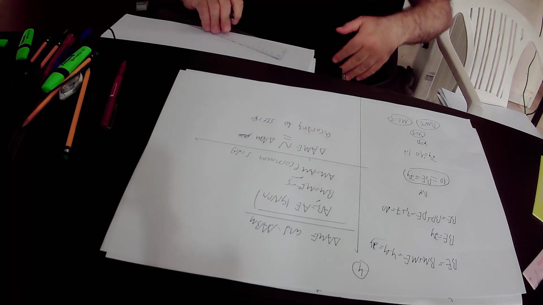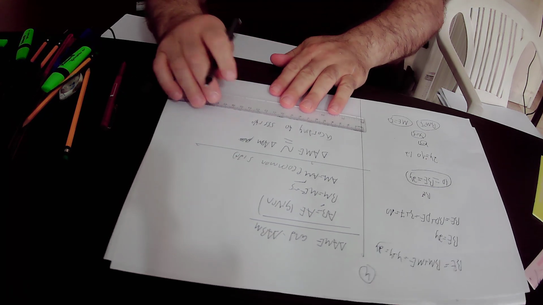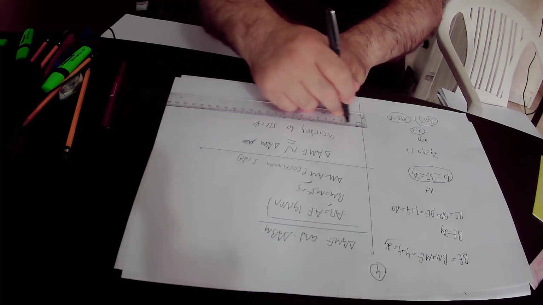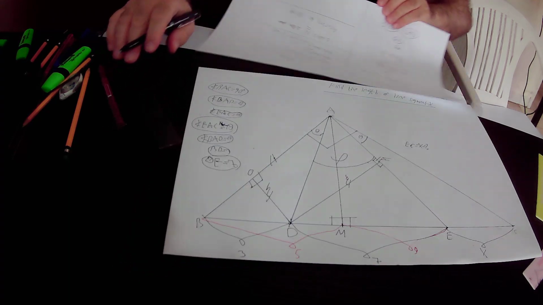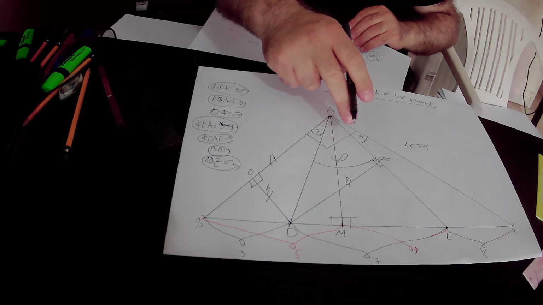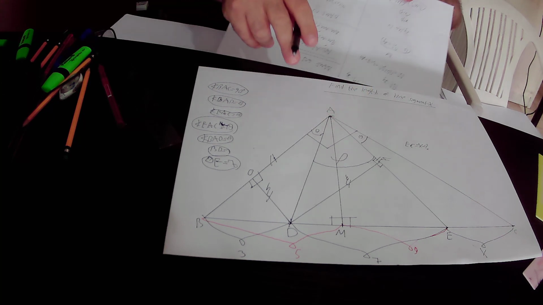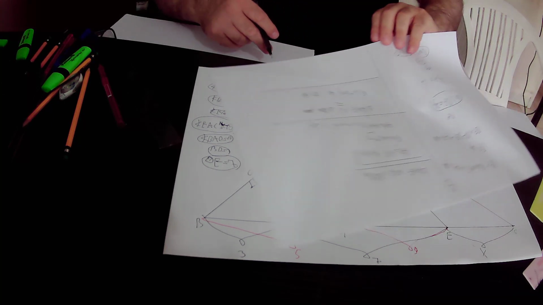We actually proved that all the angles of triangle ABM are equal to all the angles of triangle AME. Therefore, those two triangles are congruent according to the side rule.